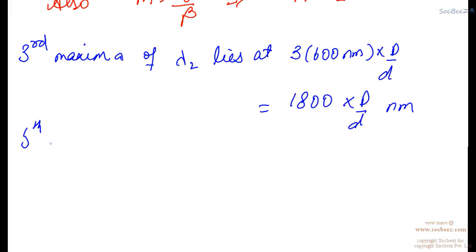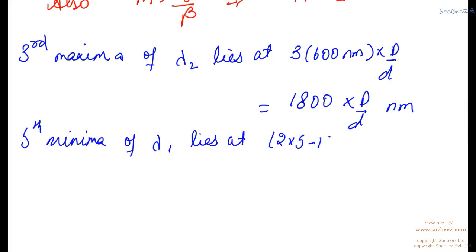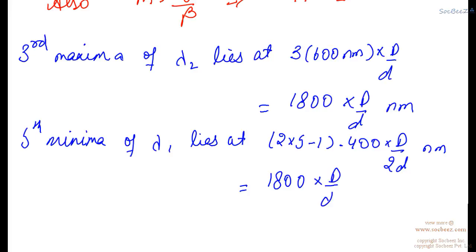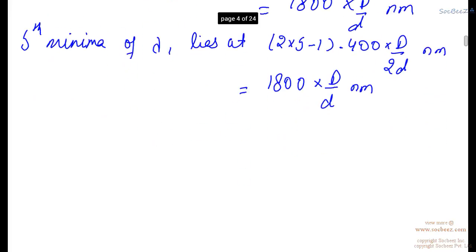And fifth minima of lambda 1 lies at (2 into 5 minus 1) into 400 into capital D upon 2d nanometer. So this comes out to be 1800 into capital D upon small d nanometer. So therefore, third maxima of lambda 2 overlaps with fifth minima of lambda 1.